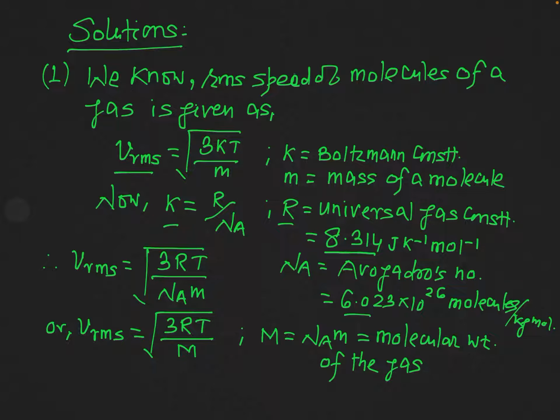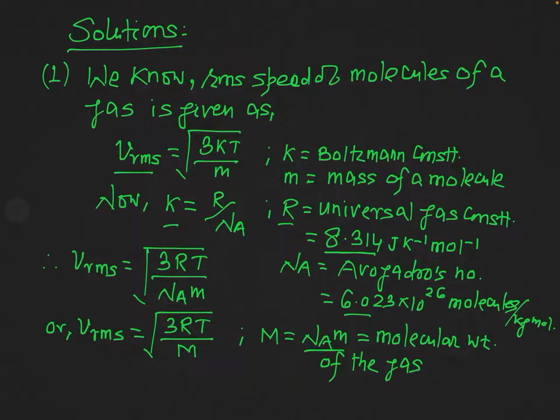Now this Na times m, that is Avogadro number multiplied by the mass of a molecule, is simply equal to the mass of 1 mole of the gas, because you know Avogadro number is simply the number of molecules present in 1 mole of the gas, and the mass of 1 mole of the gas is called the molecular weight of the gas.